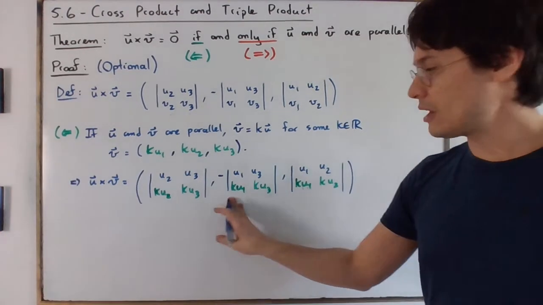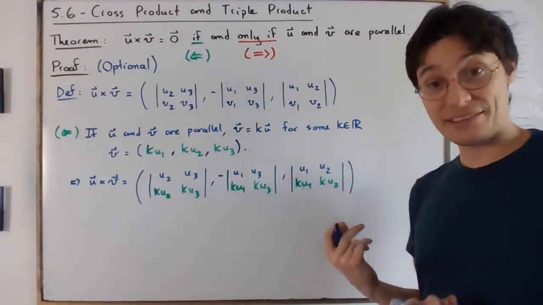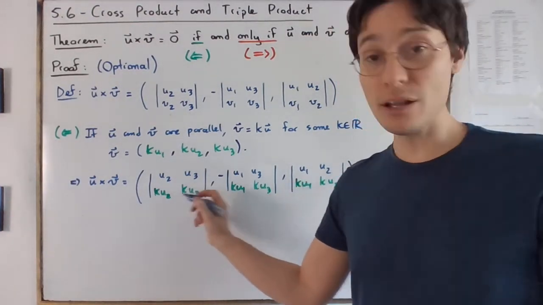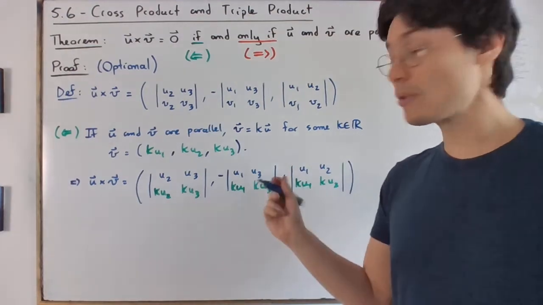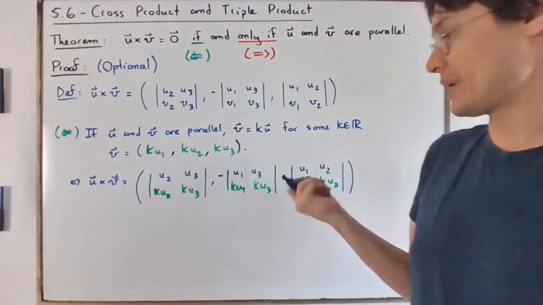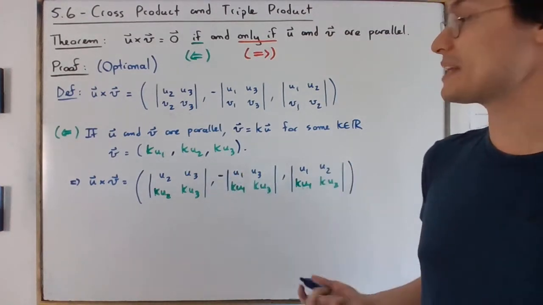I'm going to go fast here because I think you see what's happening. In all of these determinants, the second row is a multiple of the first. In other words, all of these determinants are 0.